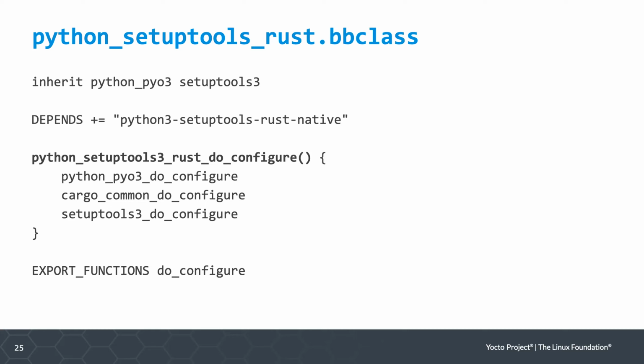And so it turned out in this case, first we had to set up the Rust variables and everything that the pyo3 needed to know about. And then we call cargo_common to do the cargo Rust, language specific configuration. And this is where most of the magic for target is occurring. And anything that's broken is possibly something broken in just normal Rust handling and not something specific to Python. And then we have to call the setuptools3 do_configure to set up the actual Python packaging and everything like that. Go ahead.